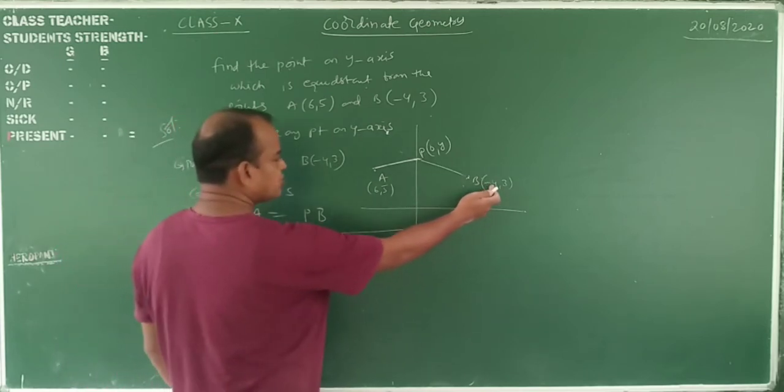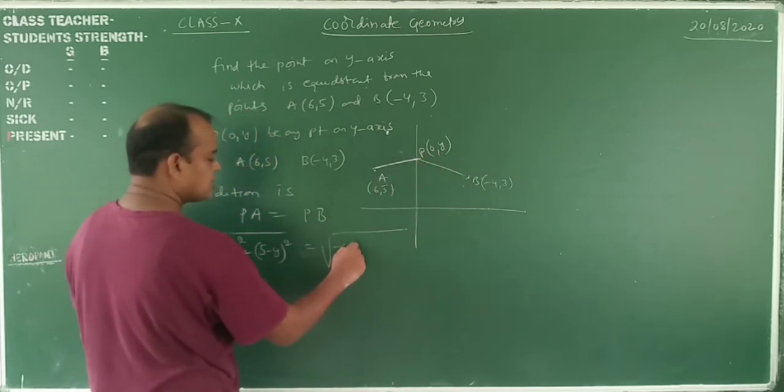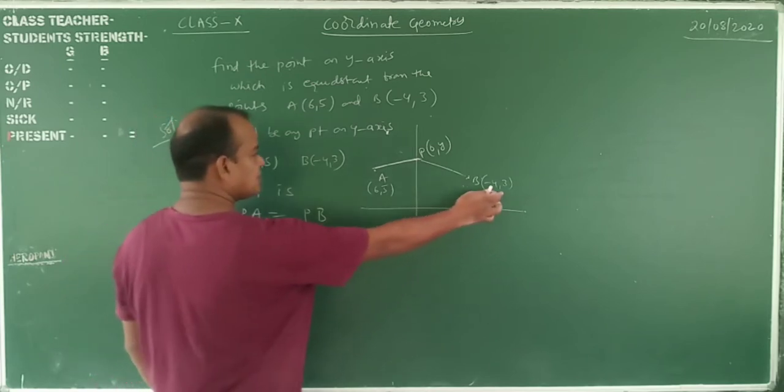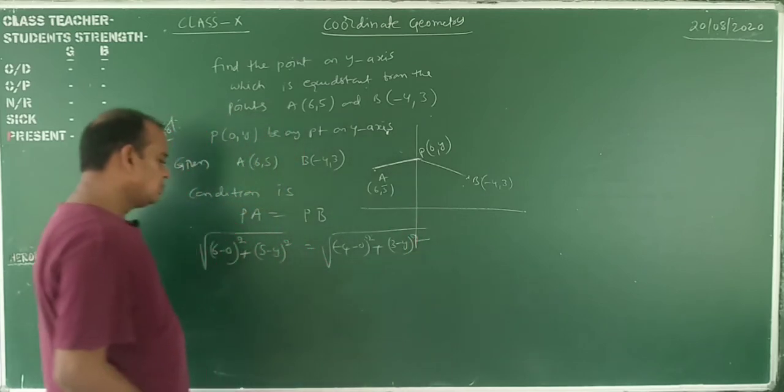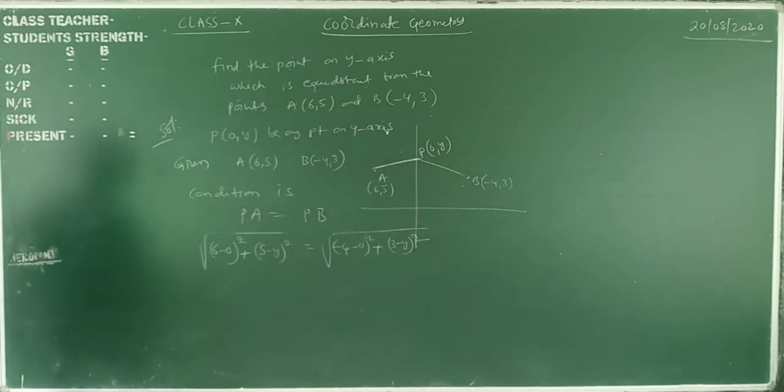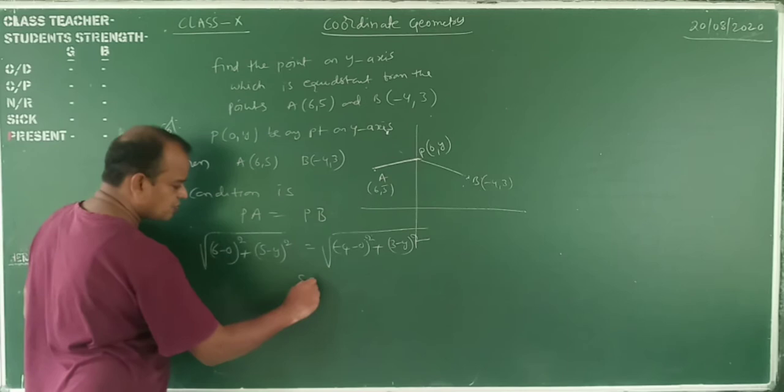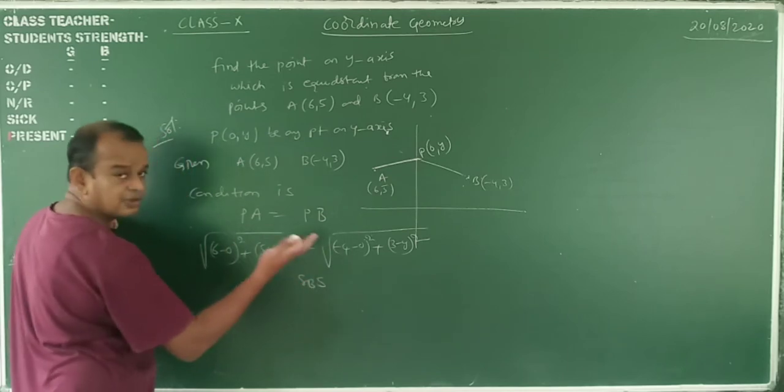Same here: (minus 4 minus 0) whole square plus (3 minus y) whole square. Now squaring on both sides, the square root cancels.